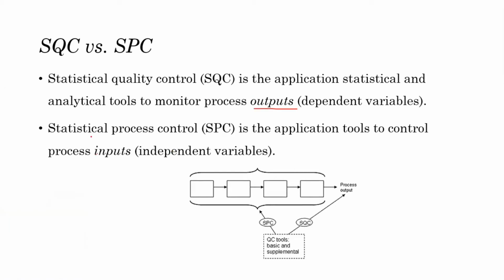And on the other hand, we have statistical process control, where we'll be worried about the inputs. But basically, these are the things that we worry about. We look at the outputs and control the process. We look at the inputs in order to see their influence on the process. So it goes both ways.